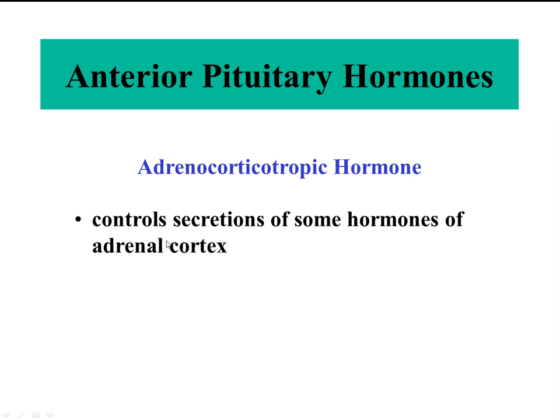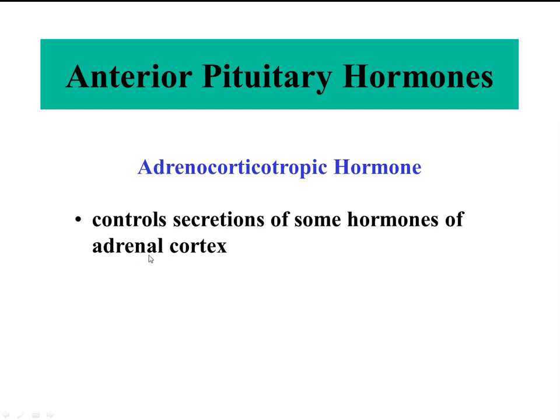And so the outer layer of the cells are affected by the adrenocorticotropic hormone, and so the target cells would be in the adrenal cortex, the outermost layer of cells in the adrenal gland of the kidneys.